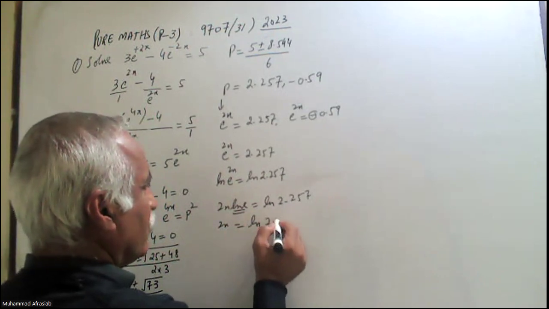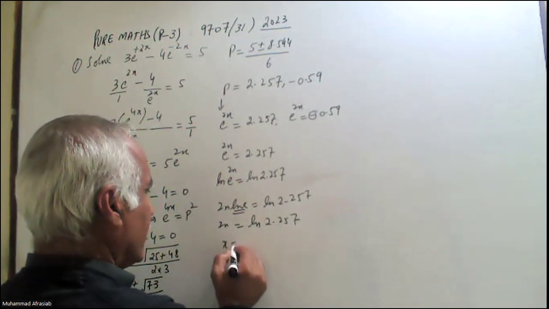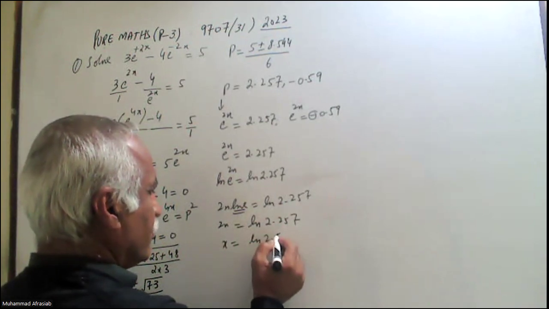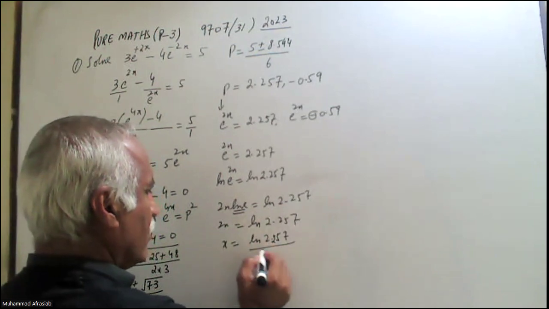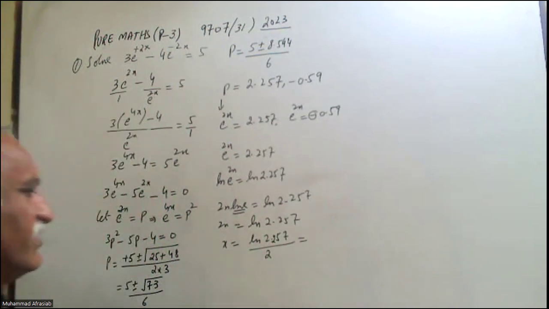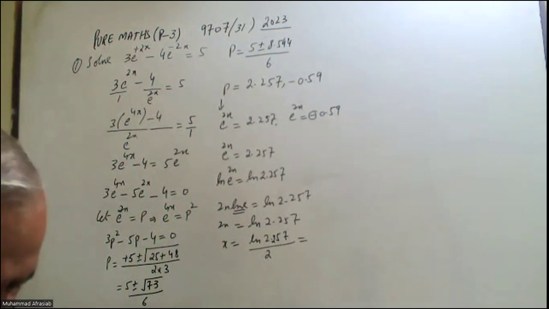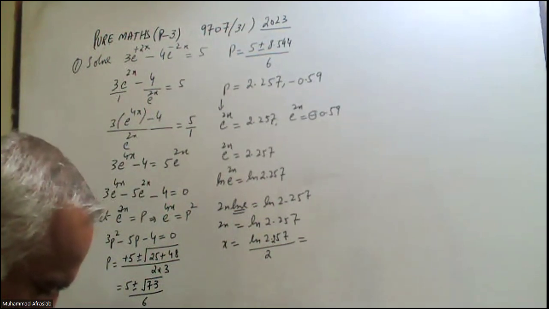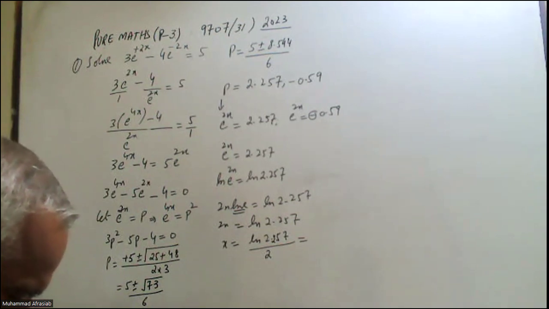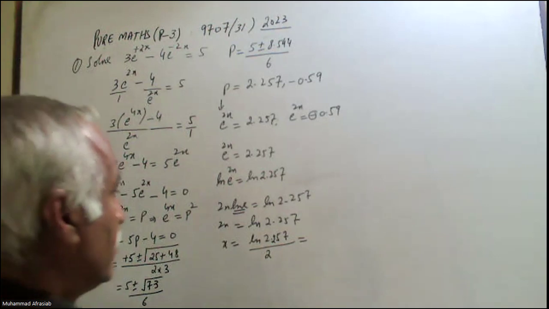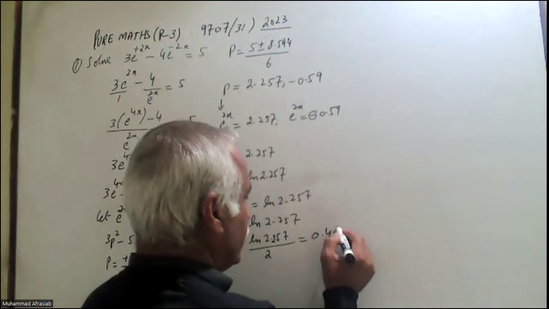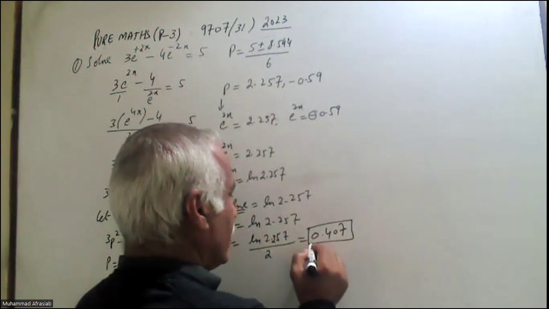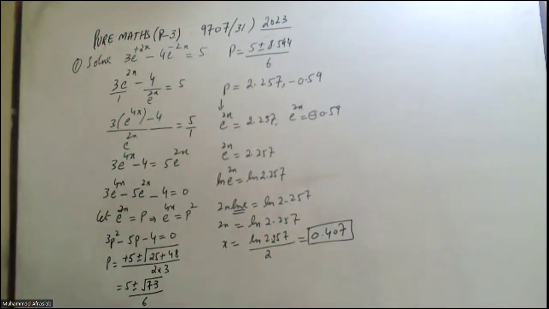ln of 2.257, or x is equal to ln of 2.257 over 2, and that value is calculated to be 0.407, which is the required value of x for this problem up to 3 decimal places.